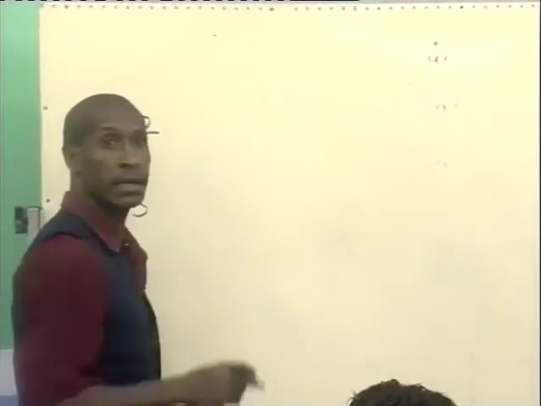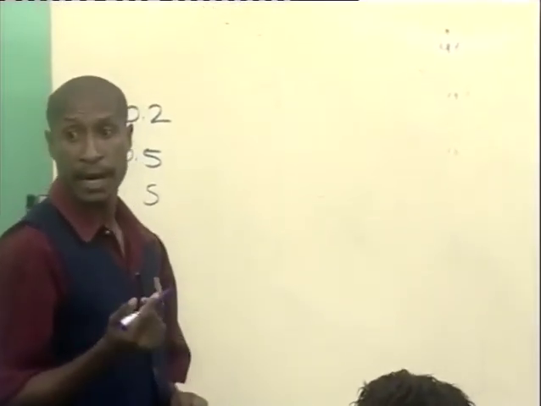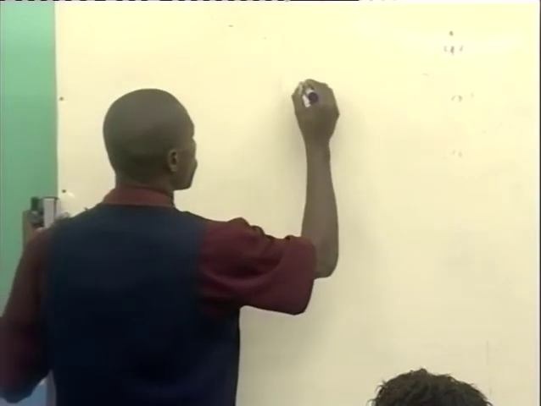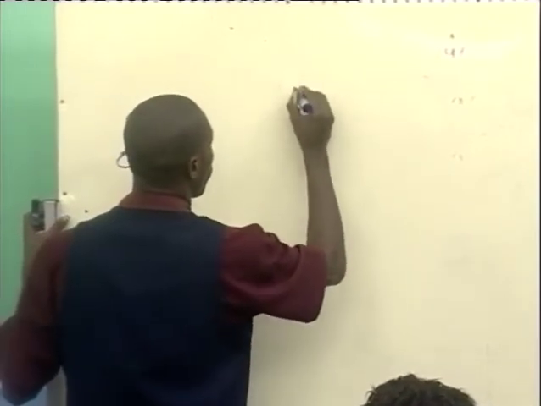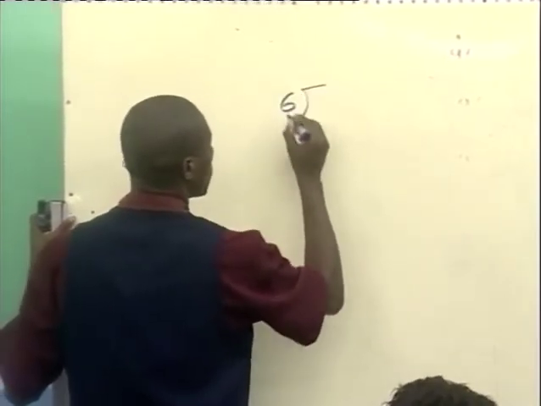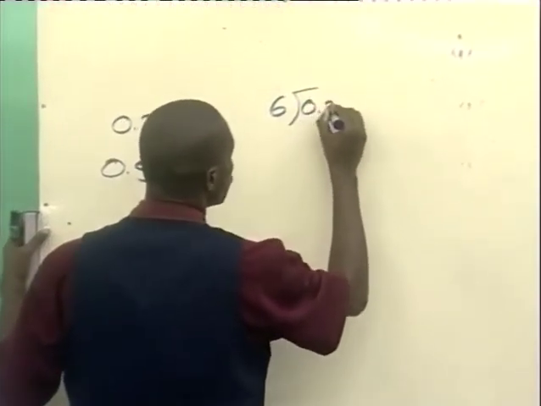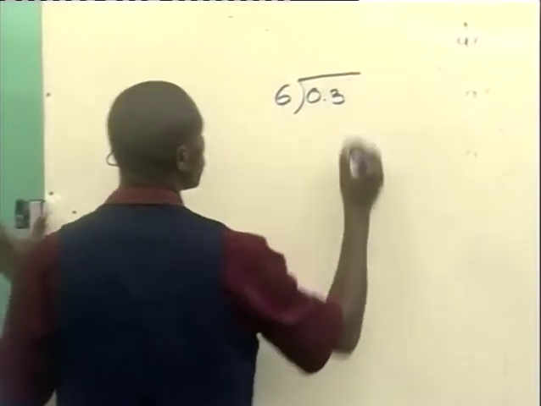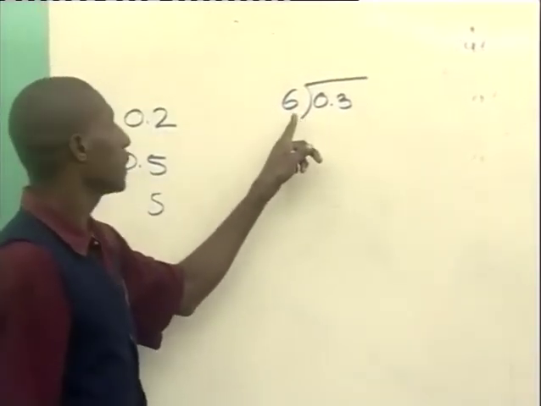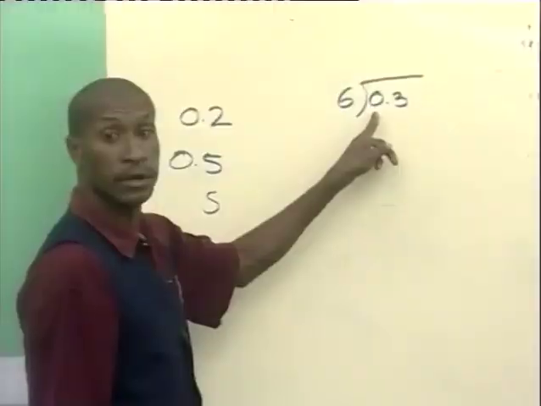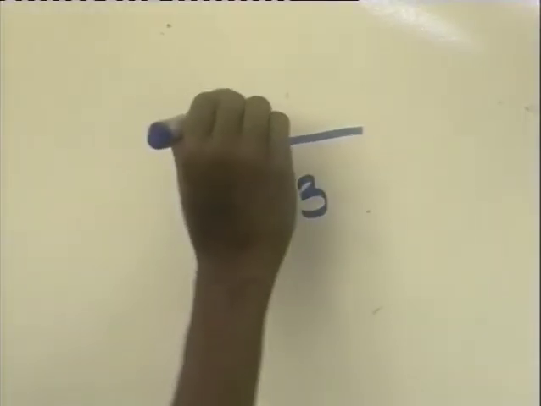We are dividing 0.3 by 6. So the divisor is outside and the dividend is 0.3. 6 into 0? Cannot, so we put down 0.